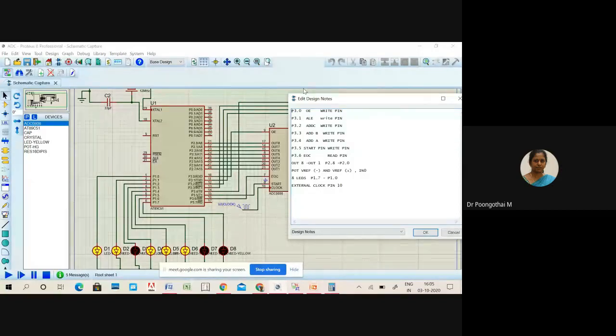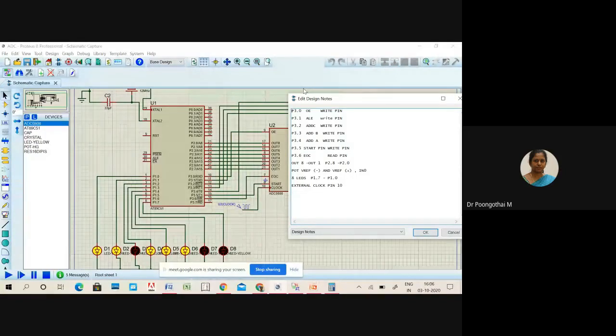So your output enable is connected to P3.0. So only for interfacing, your port 3 is completely utilized. Your output enable of ADC is connected to P3.0 and address latch enable is connected to P3.1. And for your channel selection, address C, address B and address A are connected to P3.2, P3.3 and P3.4 respectively.